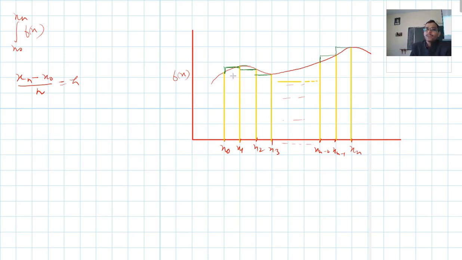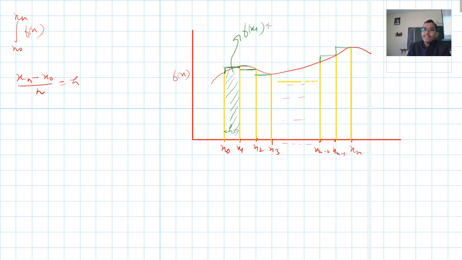Now what is the area of this particular rectangle? The area of this rectangle is this distance. What is this distance? This distance is f of x1 up to this point, and the separation is what? x1 minus x naught is h, which I have defined here. Equally spaced segments are there, each having width h, right?